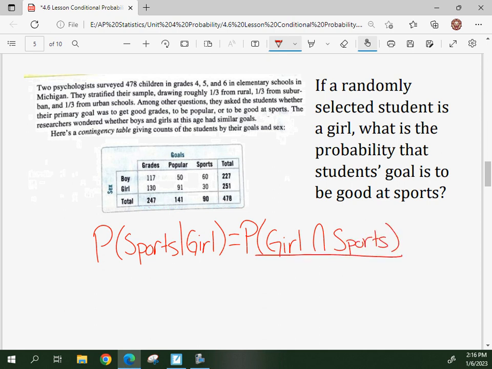And we'll divide by the probability that they are a girl in general from our group of students. So the probability that this randomly selected student is a girl and is most interested in sports is this value here, this 30 out of 478.